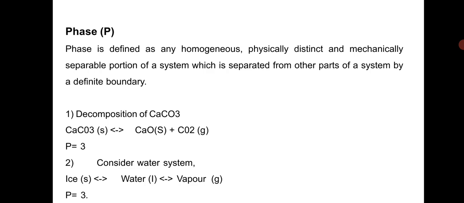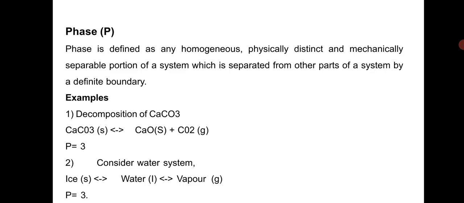In the gaseous phase, all gases are completely miscible and there is no boundary between one gas and another. Let us take air. Air is a mixture of oxygen, hydrogen, nitrogen, carbon dioxide, water vapor, etc., which constitute a single phase.